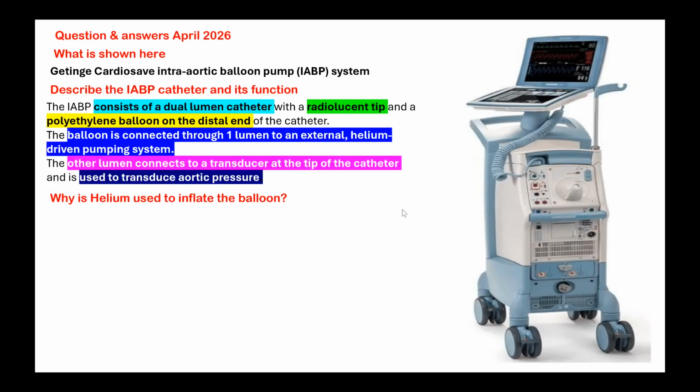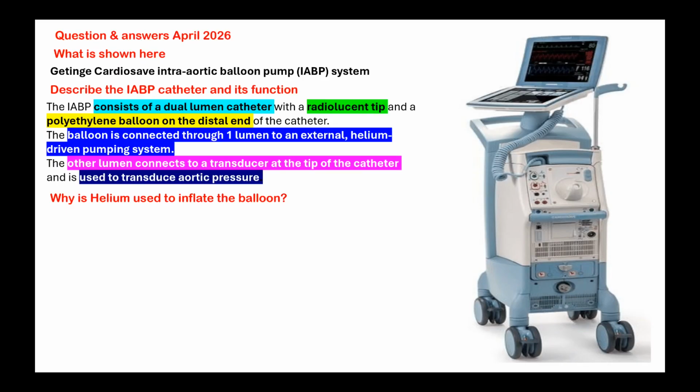What was the gas used earlier? Why then did they change to helium? There is a nice article which was published by the World Federation of Societies of Anaesthesiologists about this intra-aortic balloon pump last week. So I thought I would pick this up from that for all of you to learn about this.